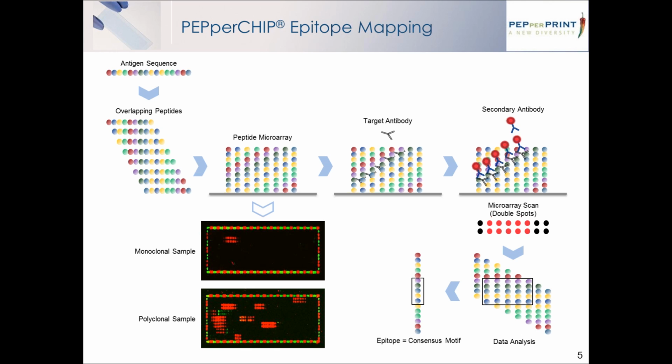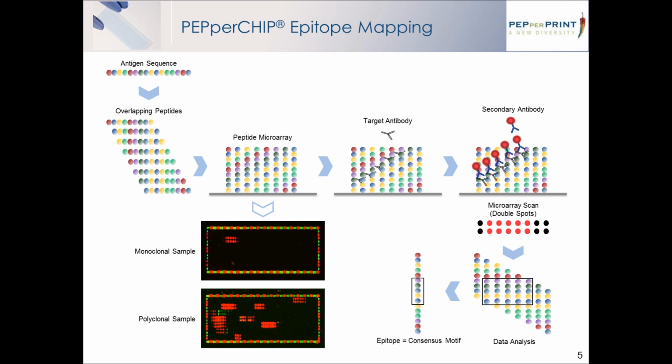And since we are using spot duplicates, each signal appears twice, so you can see 2 rows of signals here. After the data acquisition, the PepSlide Analyzer software immediately calculates the common motif in the peptide hits. So the common motif is in this red rectangle here. And this motif is then the epitope that was bound by the antibody.